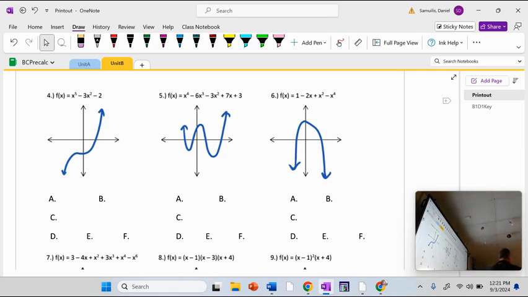You can see 8 and 9 on the video. That's where we're getting sketching. And then 10, 11, 12 is real sketching. So knowing graph behaviors, knowing what to expect.